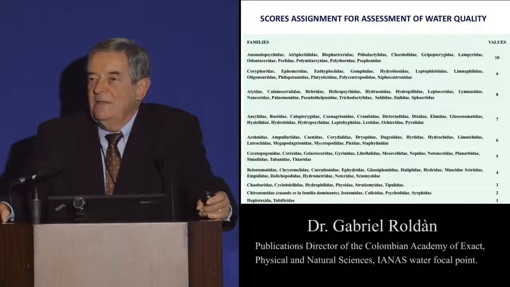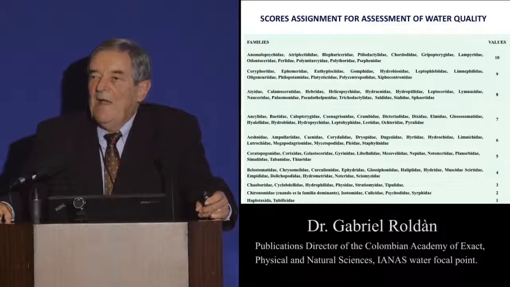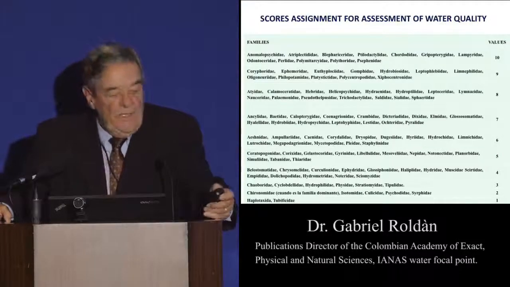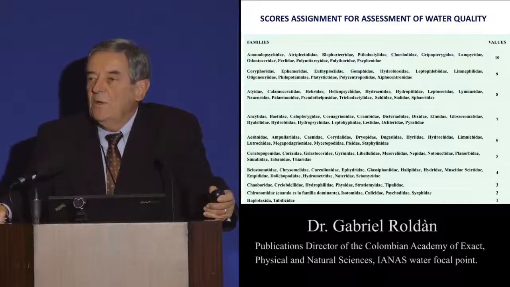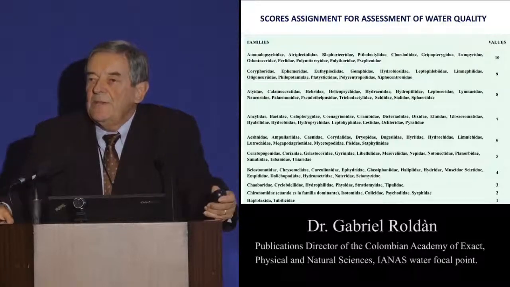You can imagine, I couldn't sleep for many days, and I was looking for how I could do my own key. So the scores here, the assignment for water quality, are the scores made for Colombia about 30 years ago.